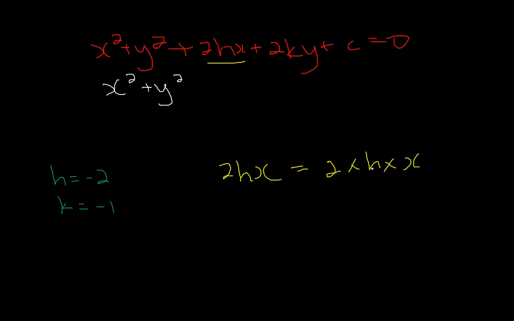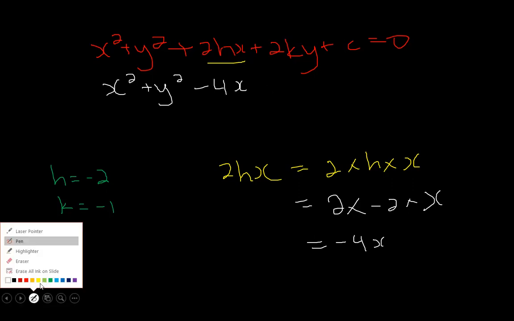We already know the value of h is minus 2, so 2 times minus 2 times x is minus 4x. So I could write minus 4x here.